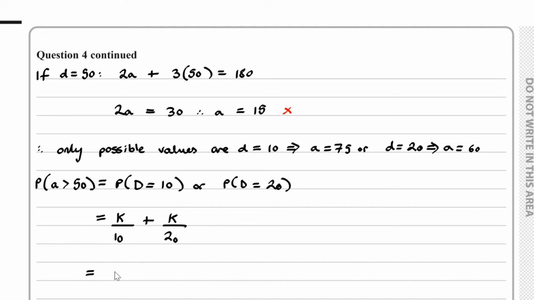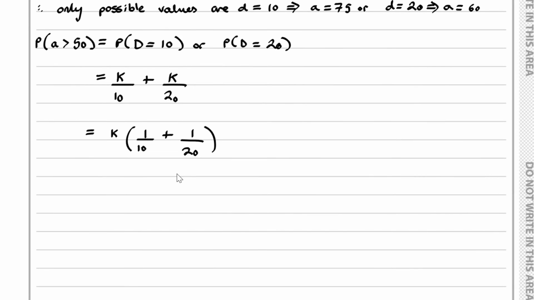So here we have k lots of 1 over 10 plus 1 over 20. So we have 3k over 20, and knowing the value of k, we have 3 over 20 lots of 600 over 137.